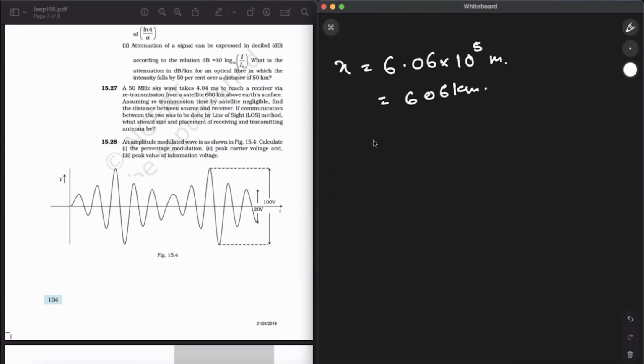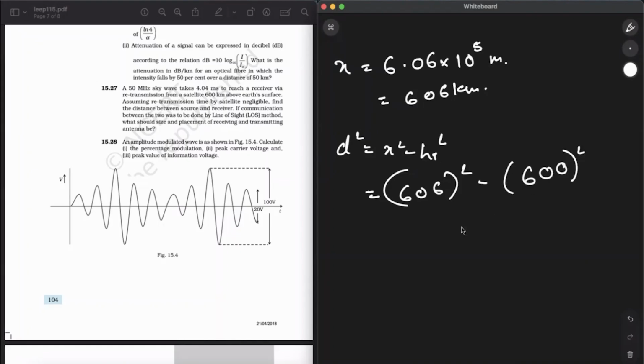Right. Now in the diagram that I drew for you, d square is equal to x square minus HT the whole square. 606 square minus HT, how much is HT? 600 kilometers, so 606 square minus 600 square. That will be how much?